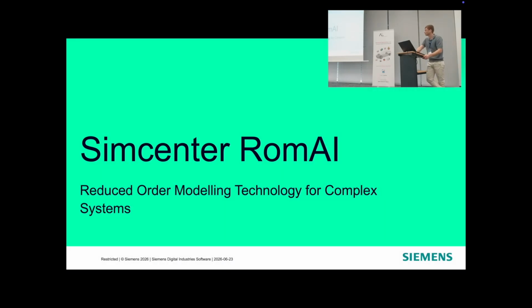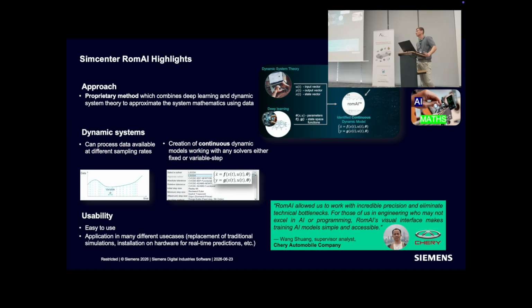Now let's move on to Siemens ROM AI, which is a reduced order modeling technique for complex systems. We've talked a little bit about this previously, but let's get into more detail now. ROM AI is a proprietary method that combines deep learning with dynamic system theory.